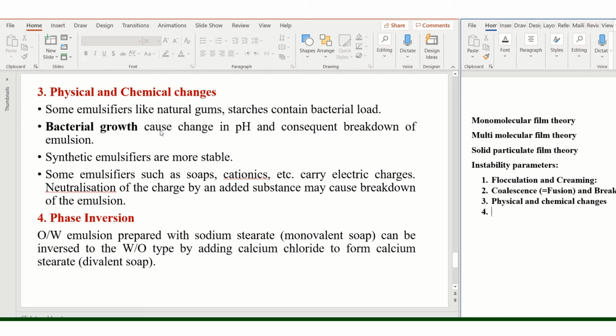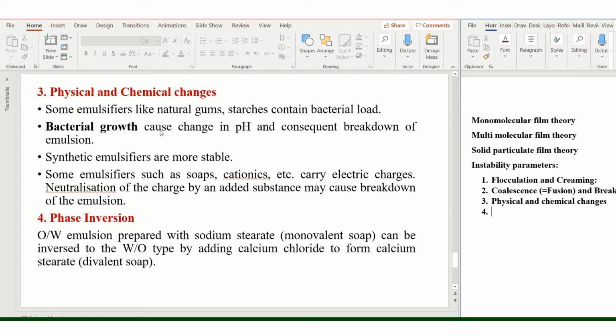For example, what are the different agents seen in an emulsion? It could be the oil phase, aqueous phase, emulsifying agents, preservatives, flavoring agents, right? So we have different ingredients to make up one formulation, especially emulsions. In this case, emulsifying agents are used as stabilizers and improve the stability.